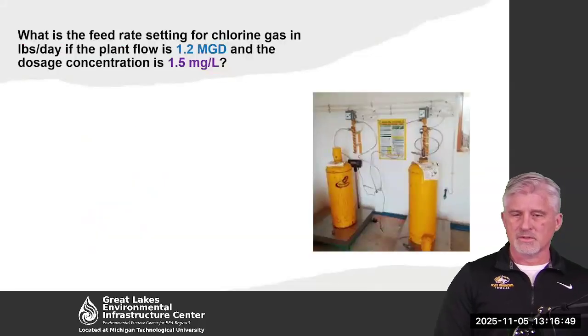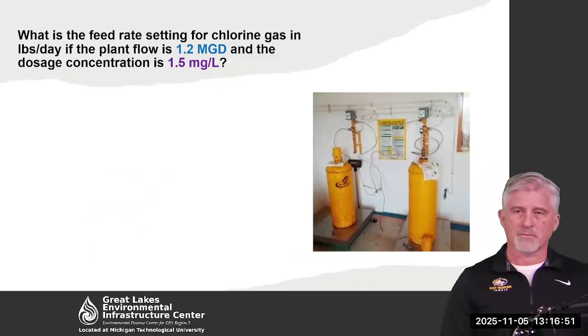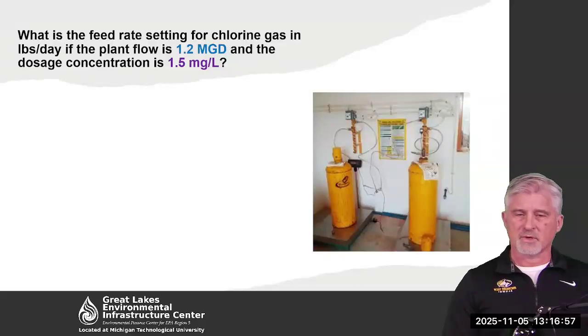So we'll go into an example for gas chlorine. What is the feed rate setting for chlorine gas in pounds per day if the plant flow is 1.2 million gallons a day and the dosage concentration is 1.5 parts per million?